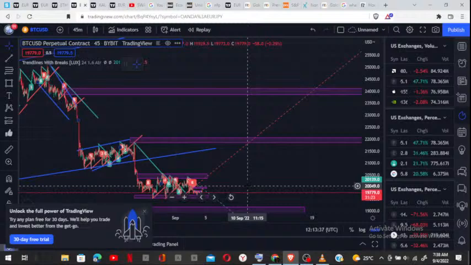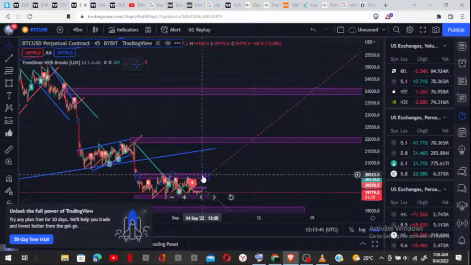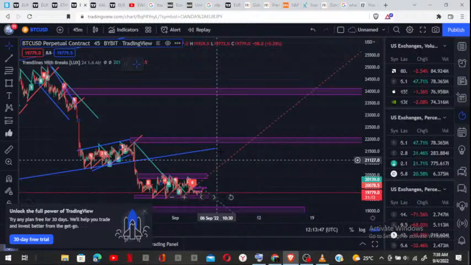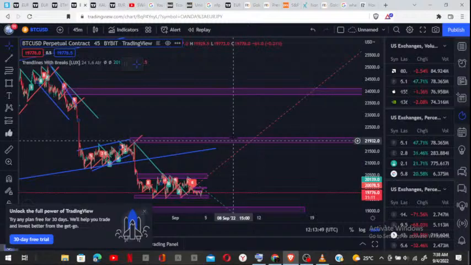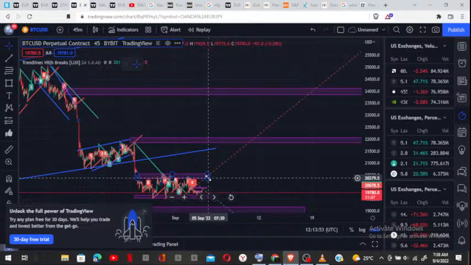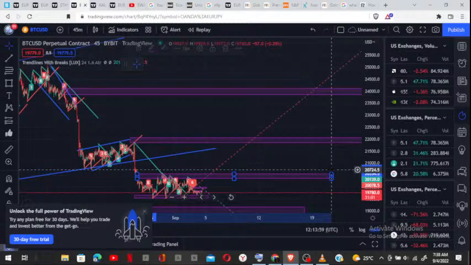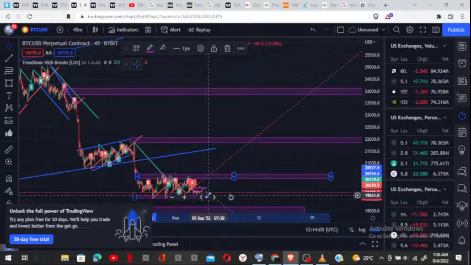But if it decides to go up and breaks out this zone going upwards, then we'll be looking out for this zone over here. This will be my next take profit zone. So these are some of the zones that we marked earlier on, and we're still waiting for the prices to act up or play out, and we'll be able to see what will happen next.